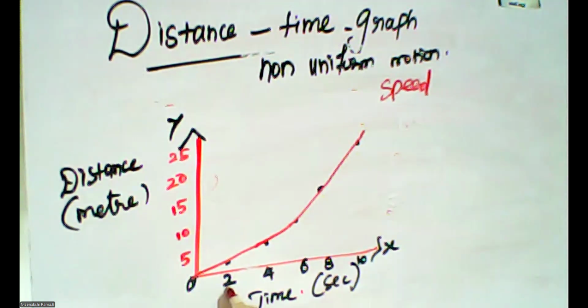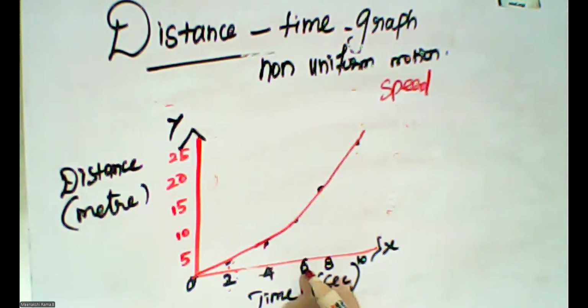In the first 2 seconds he crossed only 1 meter. Between 2 and 4 seconds, he crossed 4 meters.